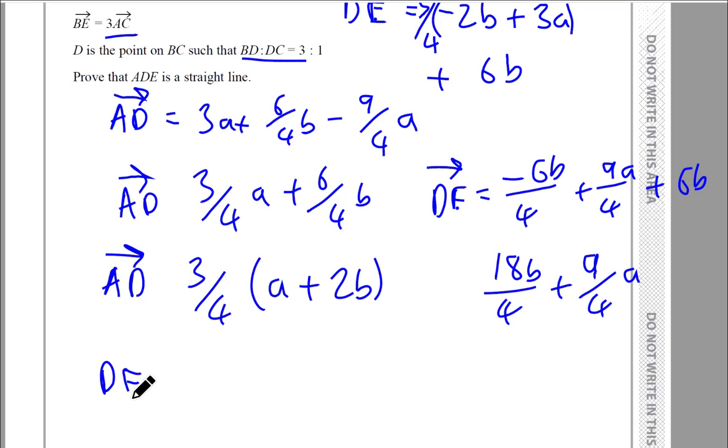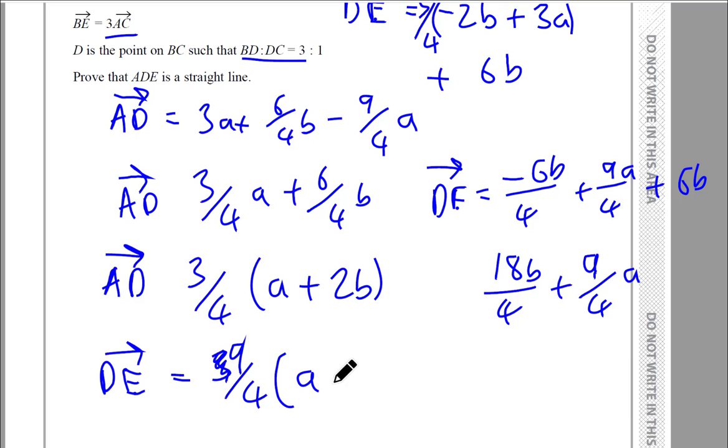Now DE, let's take 3 over 4 out. No, not 3 over 4, that's 9 over 4.